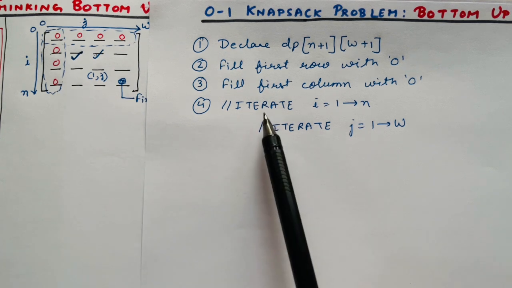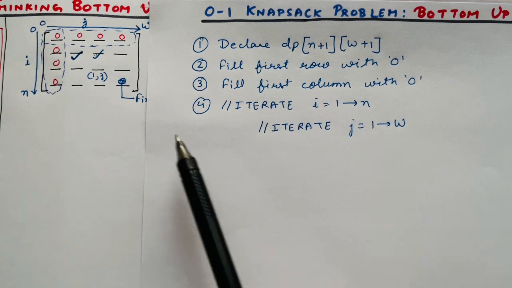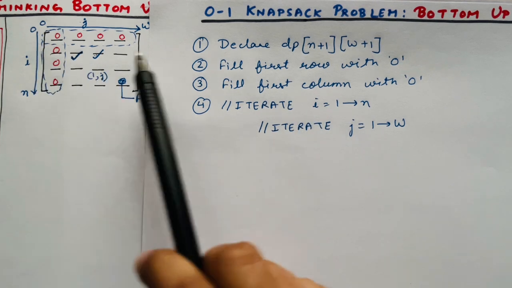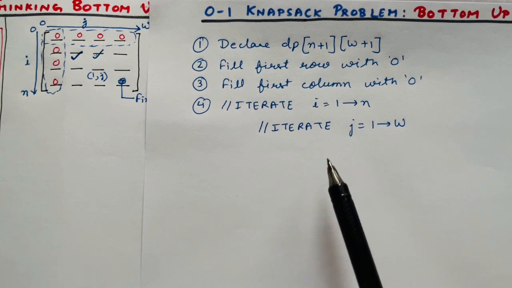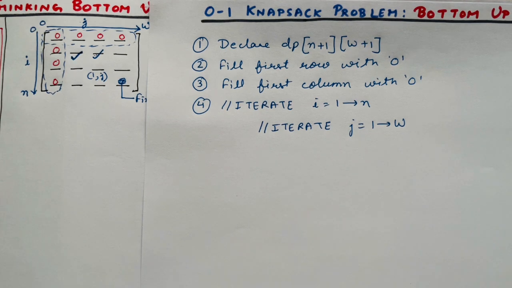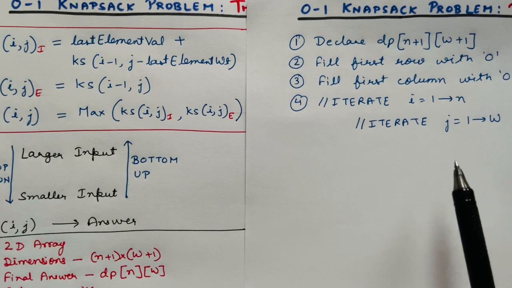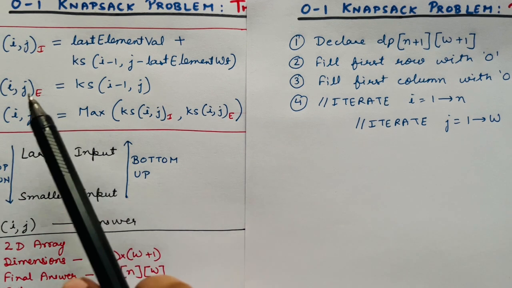So we will iterate for i is equal to 1 till n and for j is equal to 1 till w. Now we are at any position i comma j, and our aim is to fill the value at that i comma j. To fill the value at any i comma j, we need to first fill the include answer.